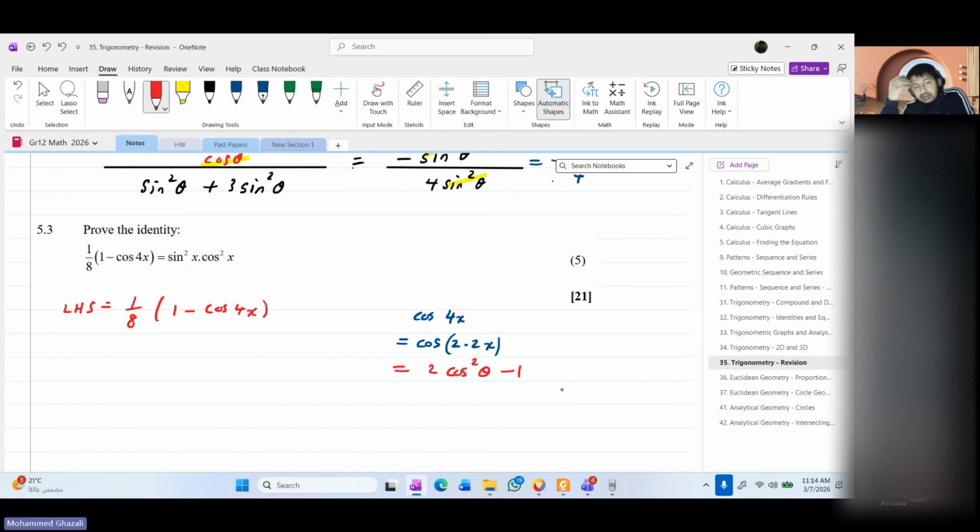How are we going to come to that part? Cos squared minus sine squared. What if I put it as cos squared minus sine squared? Remember, if you're calling this the theta angle, in other words, that is going to be 2 cos squared 2x minus 1. So we can replace this inside here.